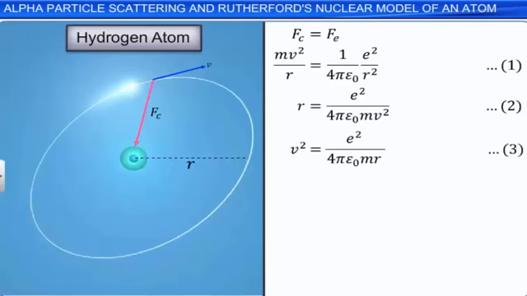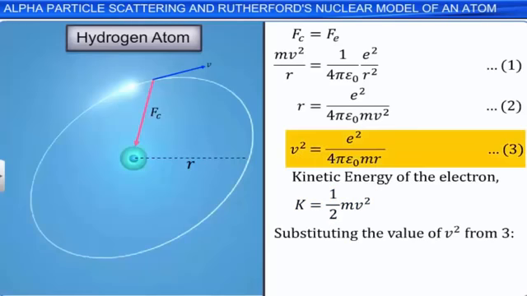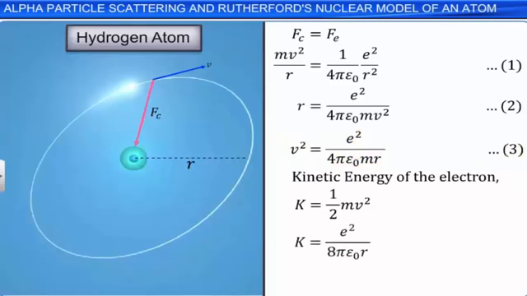The kinetic energy of the electron in the hydrogen atom is K and is equal to half m v square. Substituting v square in the expression for kinetic energy, we get K is equal to e square by 8 pi epsilon naught r. Let this be equation 4.